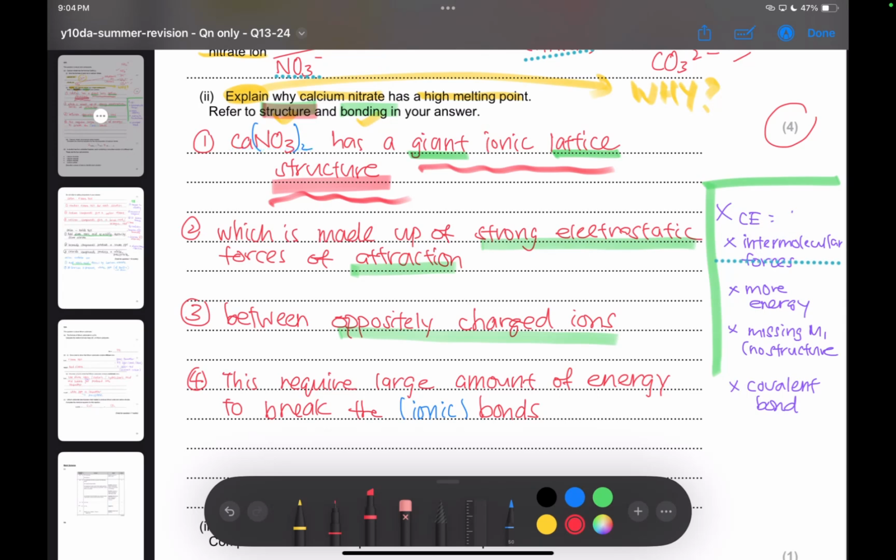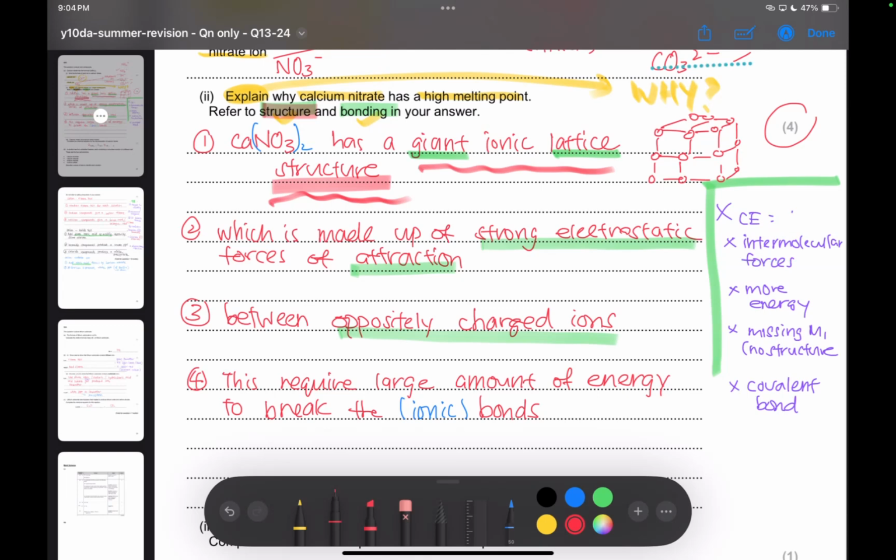If you have seen the diagram of this cube-like structure, or your teacher has shown you in class, this is basically what the lattice looks like. This 3D cube. That's what ionic compounds usually exist in. The structure usually looks like this.